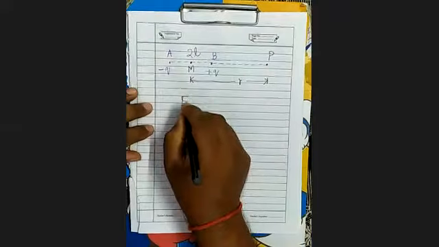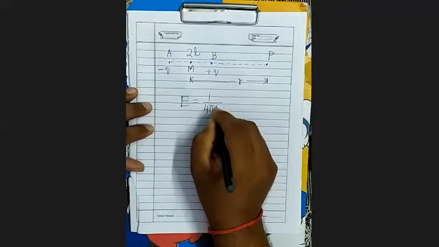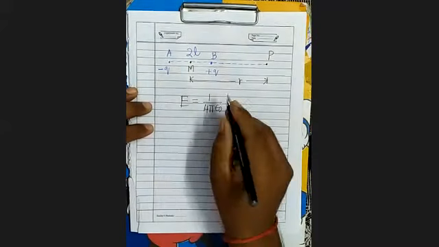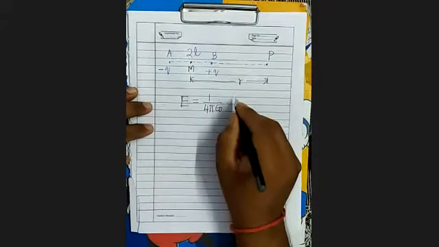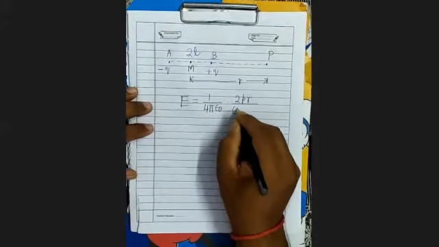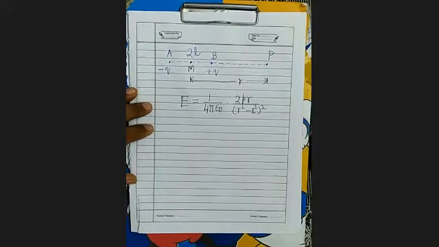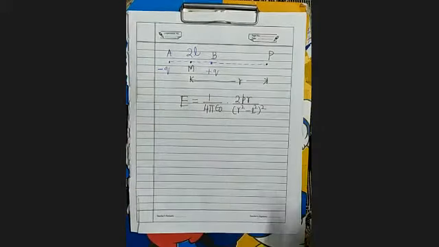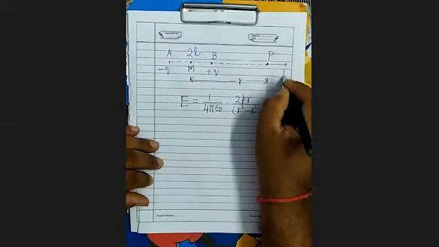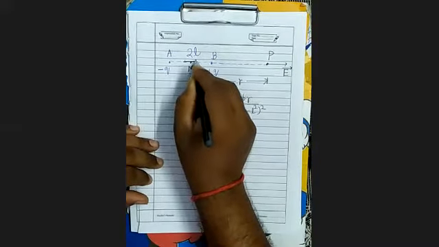You know that the electric field is equal to 1/4 pi epsilon naught, which is a dimensional constant, meaning it has units, then 2pr upon (r square minus l square) whole square. Is it clear? This will be the electric field. The direction of the electric field is this, and the direction of the electric dipole moment, as you know, is this.